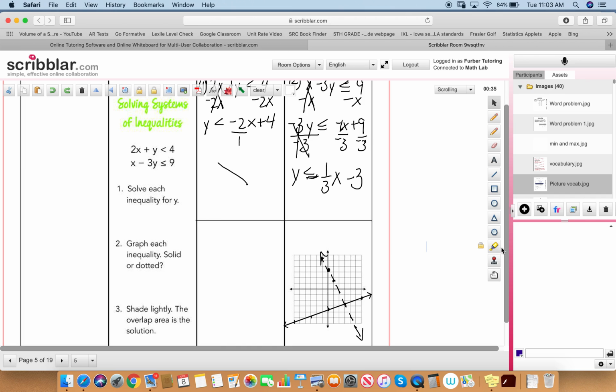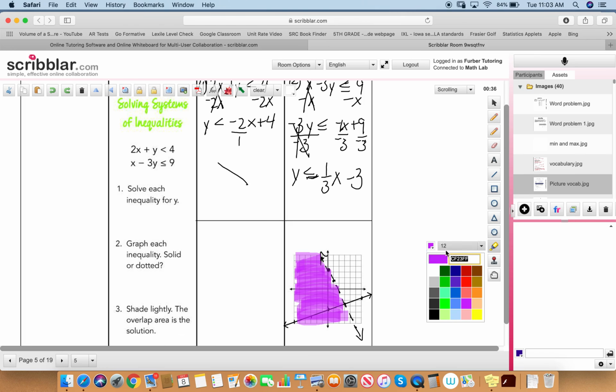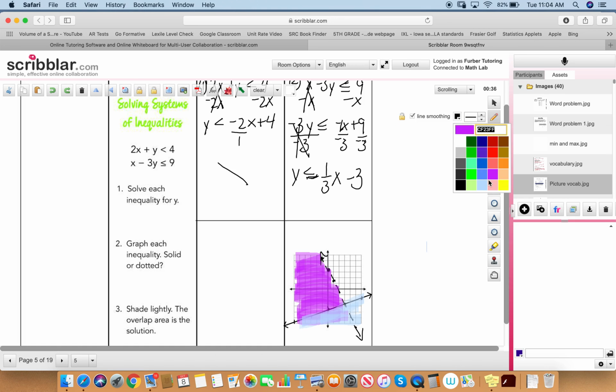Sorry about that. Maybe a green color here might give you a different, nope. How about blue? Okay, you can see a little bit easier that time where the region is that is shaded.